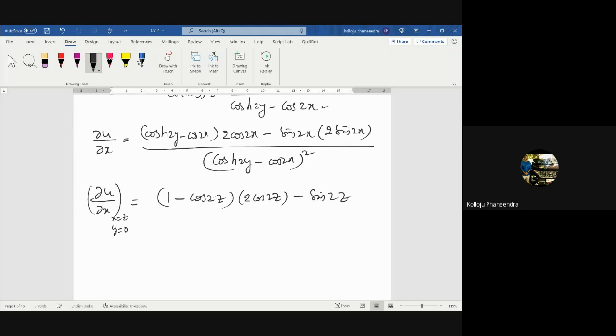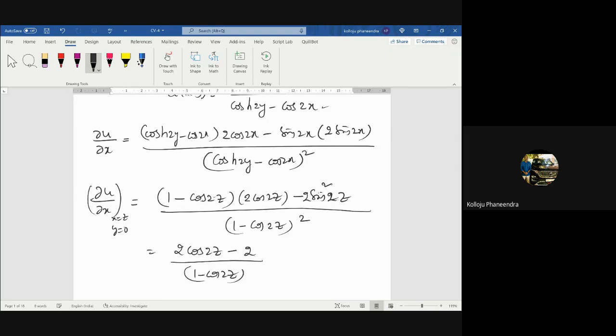Sine 2z, 2 sine square 2z, isn't it right? By this is 1 minus cosine 2z whole square. So what is this: 2 cosine 2z minus 2 cos square 2z minus 2 sine square 2z, divided by 1 minus cos 2z whole square.